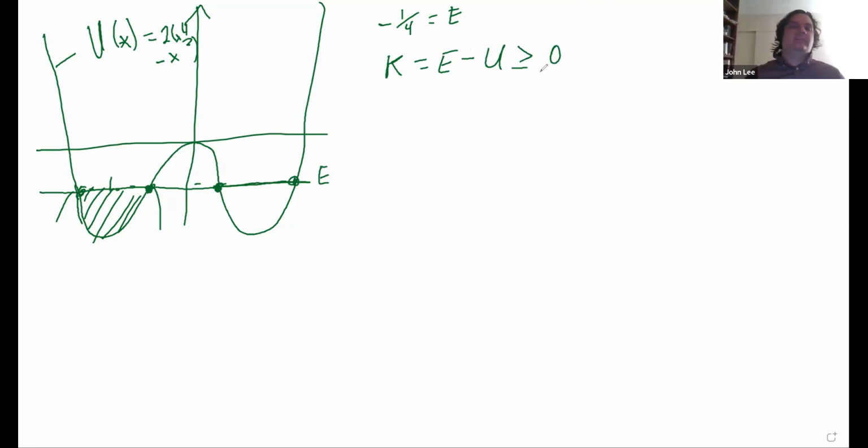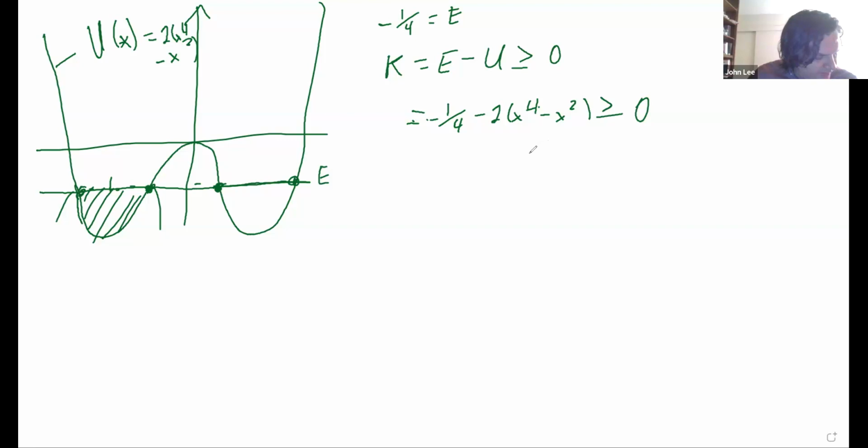So in order to find the allowed places where the particle is allowed to exist before it has to turn over, we have k equals e minus u is greater than or equal to 0. So this is -1/4 minus 2x to the fourth minus x squared is greater than or equal to 0.